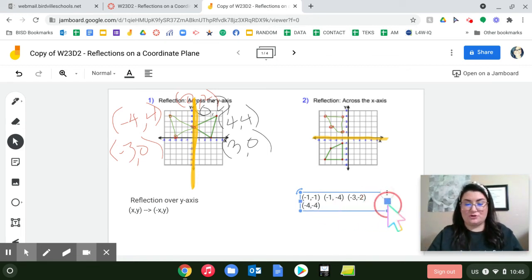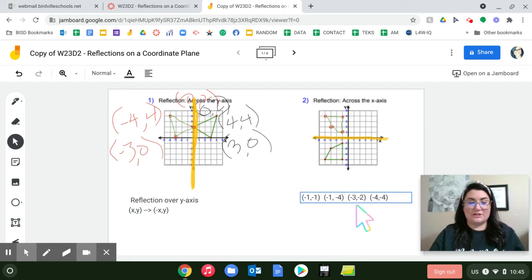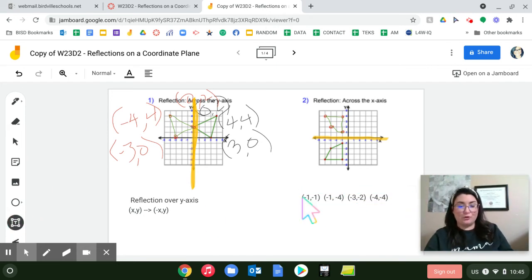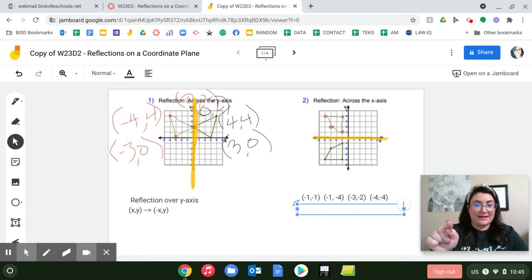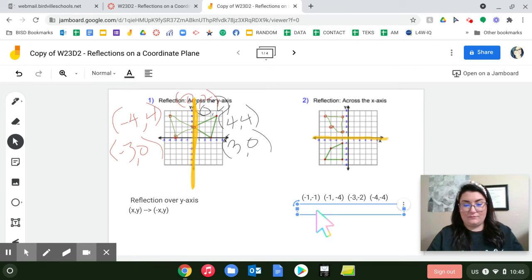Those were our original points. So we're going to compare those to our new points that we got when we flipped over the x-axis. So instead of -1, -1, we actually went -1, +1.